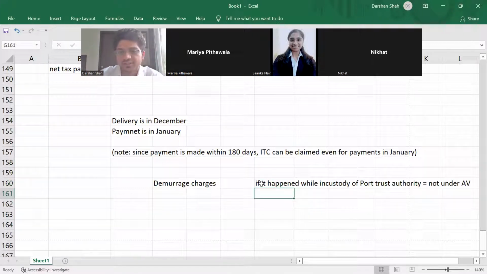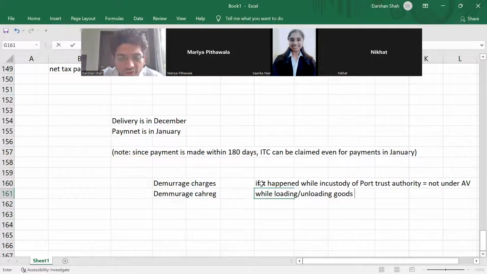It does not come under assessable value. Okay. Another demurrage charge might occur while loading or unloading of goods to or from the ship.